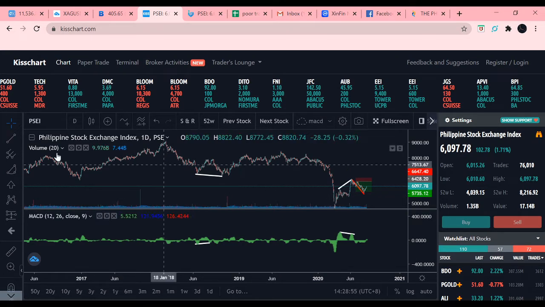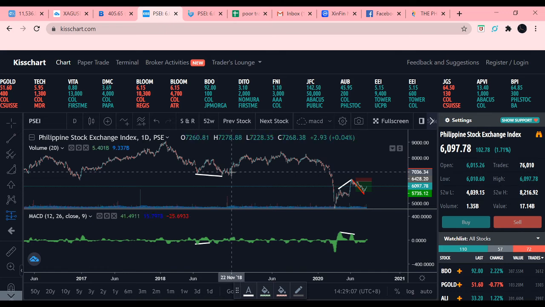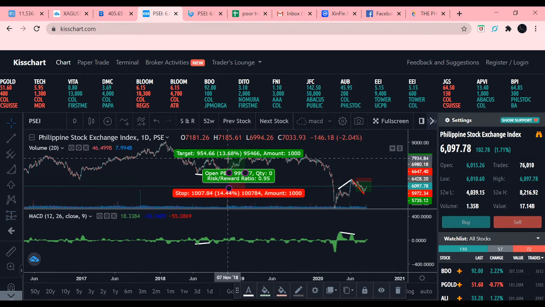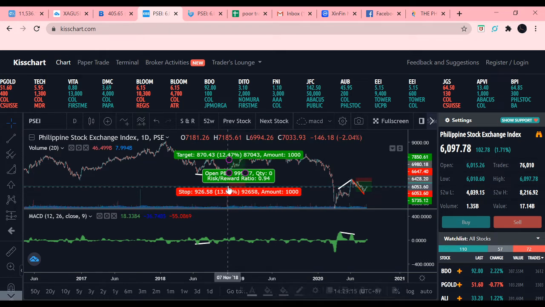So, what's my possible TP? Of course, my TP is this area. And of course, my cut loss is around this area. So, I enter a long position, my TP is in this area, and then my cut loss area.